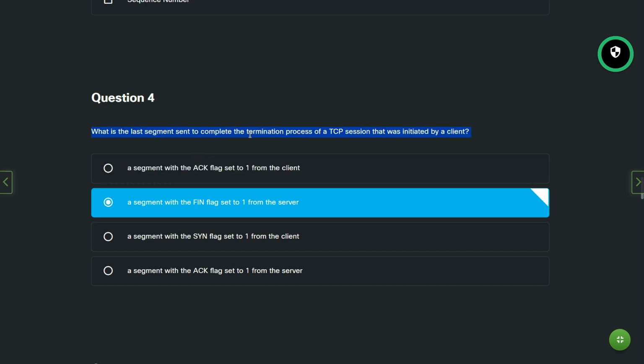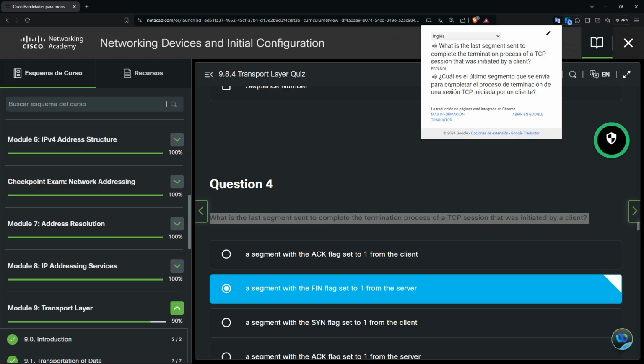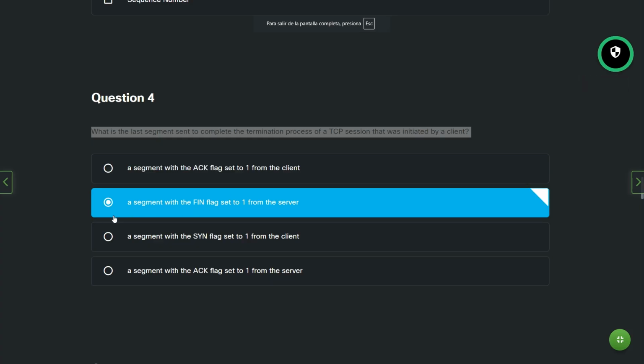I think it's a segment with the FIN flag set to 1 from the server.